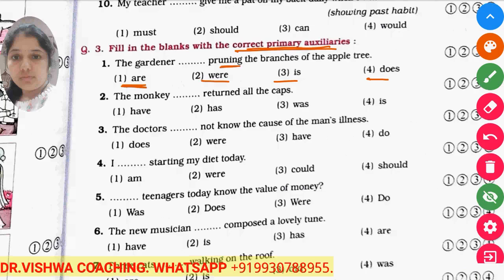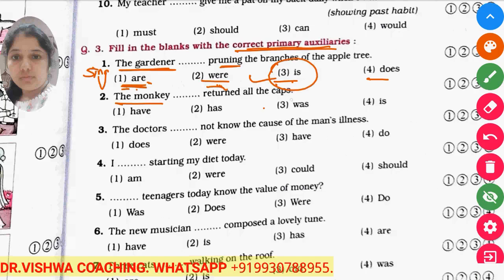Now see, ing is attached to the verb, so either is or are or were should be the option. But gardener is a singular person and are and were is used for the plural noun, so we will use is. The gardener is pruning the branches of the apple tree. So the correct option is option number 3.